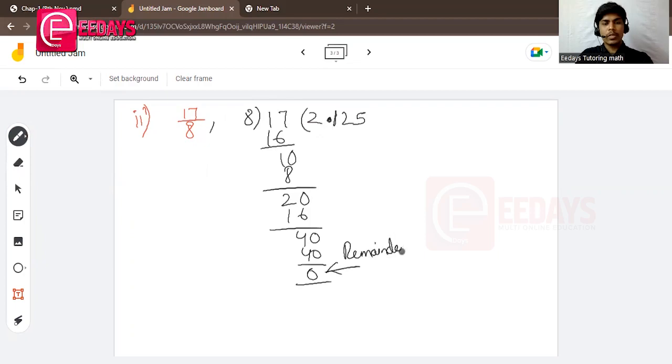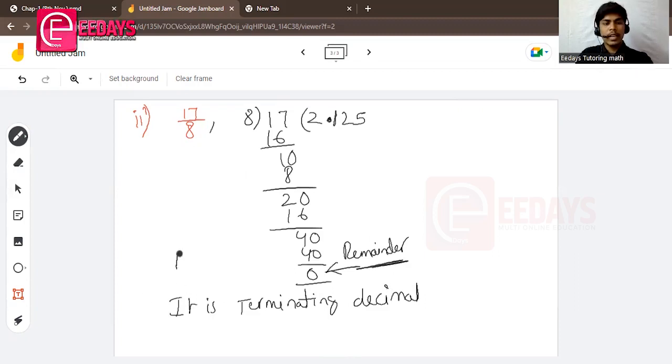Remainder 0. So that's why if you get remainder 0, then the number would be terminating. It is a terminating decimal. How can we decide it is a terminating decimal, sir? If you get remainder 0, we can confirm it is a terminating decimal.